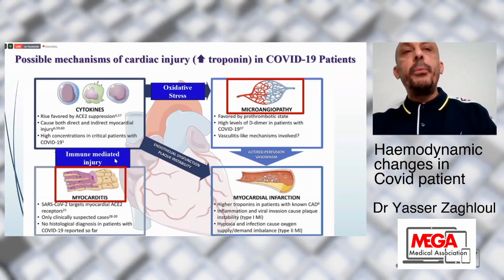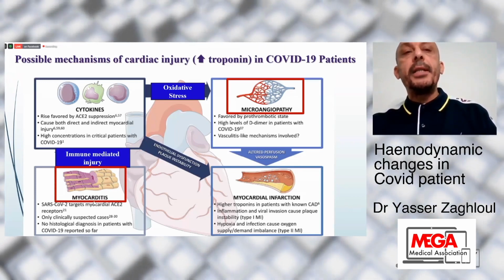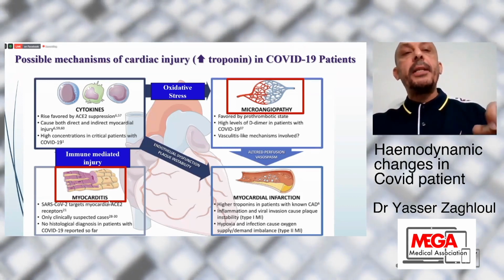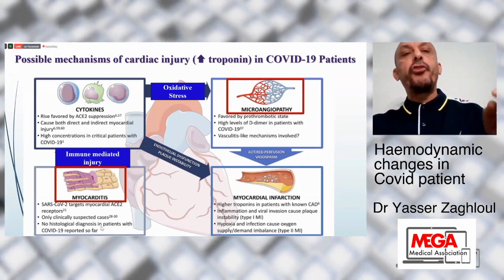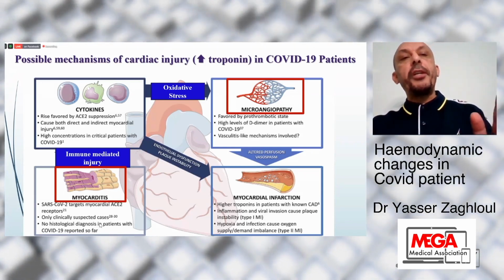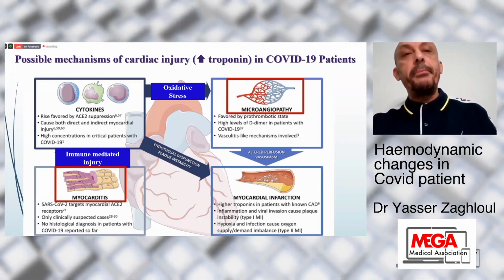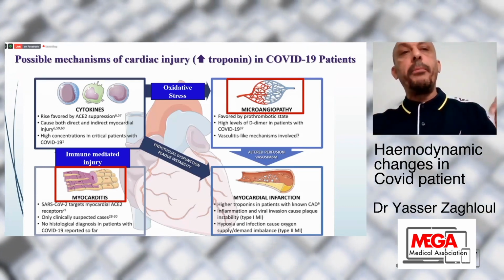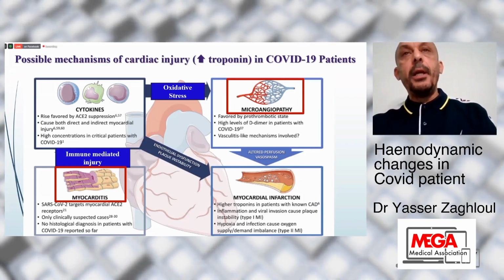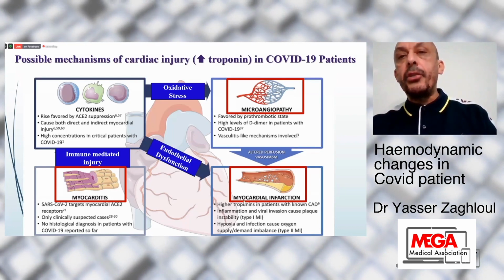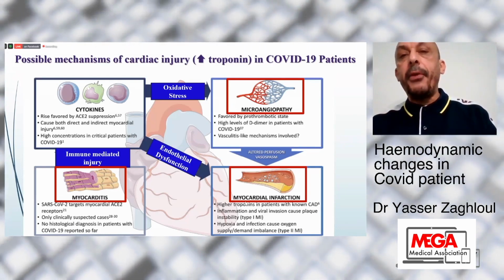Second mechanism is immune-mediated injury, and this may cause myocarditis, but myocarditis actually is a clinical diagnosis, and it should be proved by myocardial biopsy. So if it is clinically suspected, with exclusion of the other factors, this is immune-mediated myocarditis. The third is injury by endothelial dysfunction, and this causes actual myocardial infarctions.